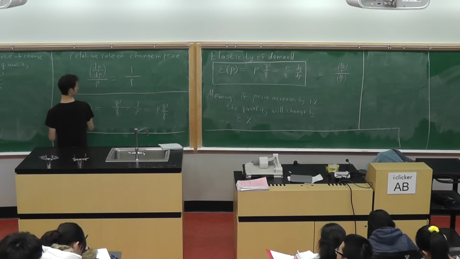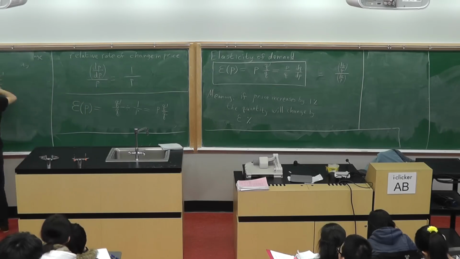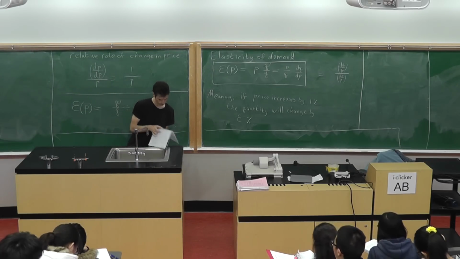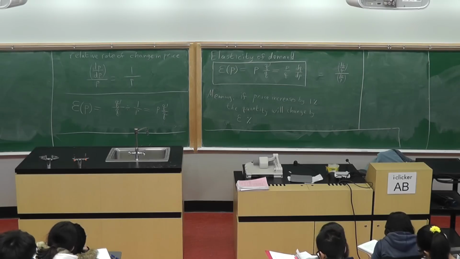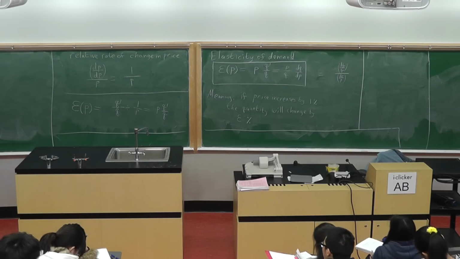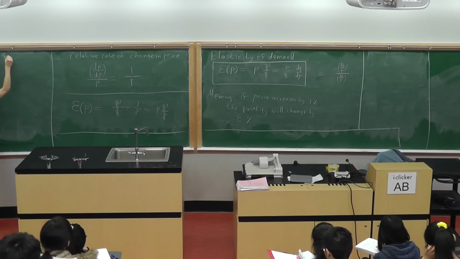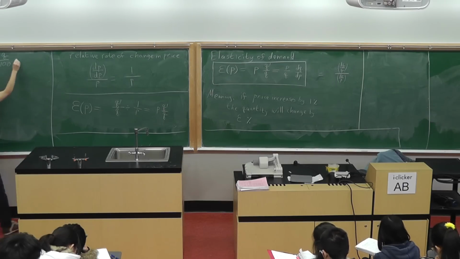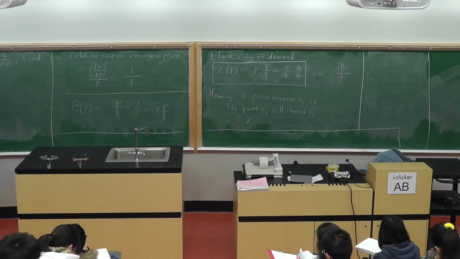Okay, so let's do some examples. Let me not erase this part. So if the price is 10 minus Q over 100, so that's the demand equation, find the elasticity at P equal to 2.5.